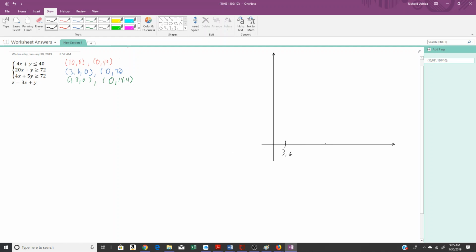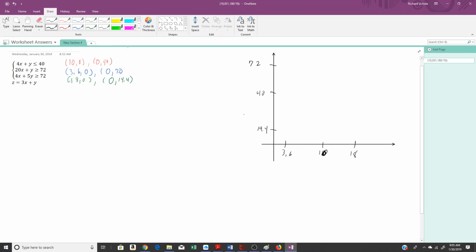Let's say that this would be 10, and then down here would be 18. And for here, let's say that this is 14.4, then higher would be 40, and then higher than that, 72.